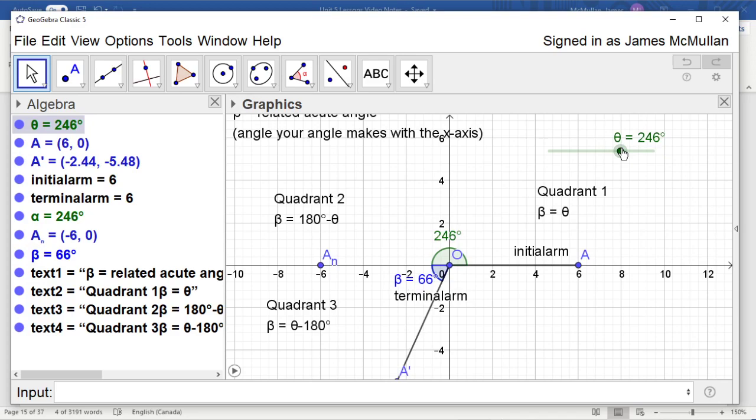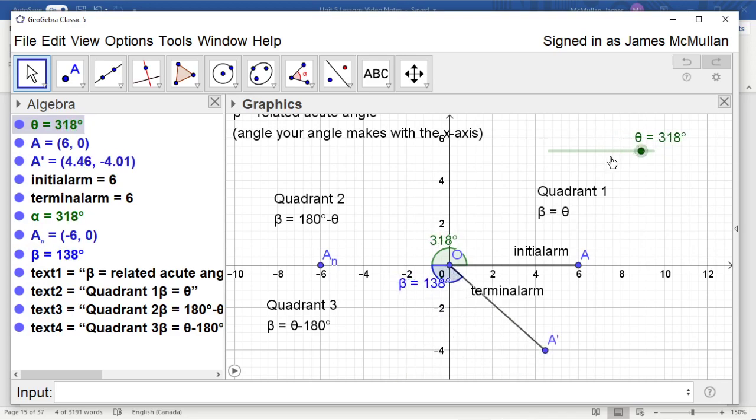Now finally in quadrant 4, beta is whatever's left between your angle and the positive x-axis. So it would go kind of right here.